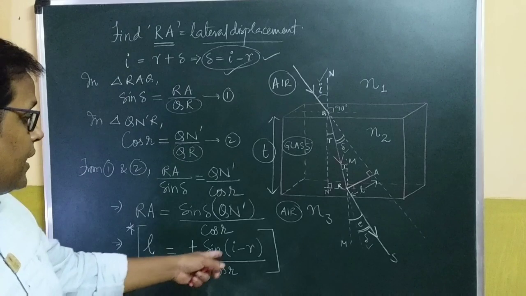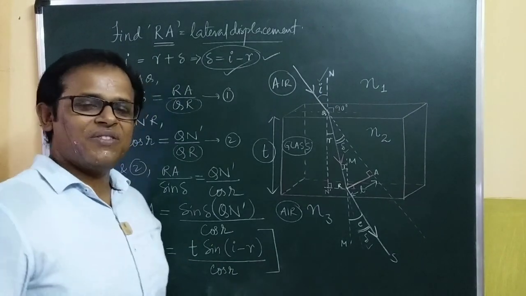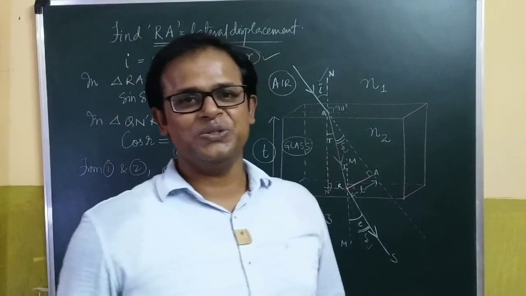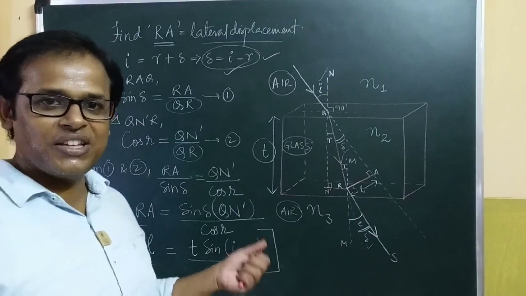L equals T sine of I minus R by cosine of R. Hope I am very clear to you. Okay, so please note it down. If you have any issues, any comments, do not forget to write in the comment section below.